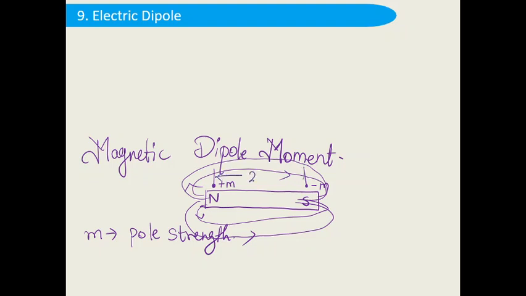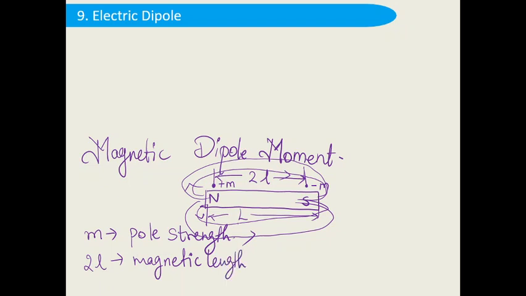The magnetic length is given by 2L, while the geometric length is capital L. The distance between the two ends is called the geometric length capital L, while the poles are somewhat inside the magnet. We say this is plus m, this is minus m, and 2L is the magnetic length.